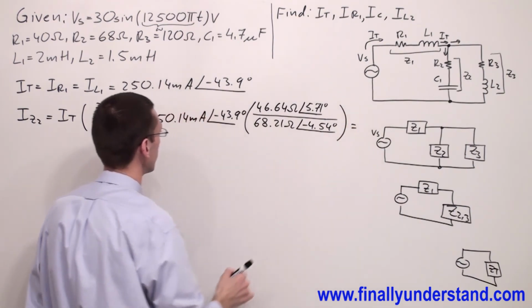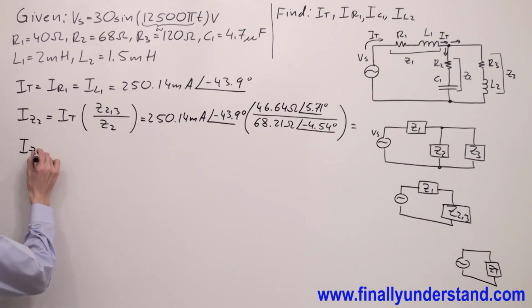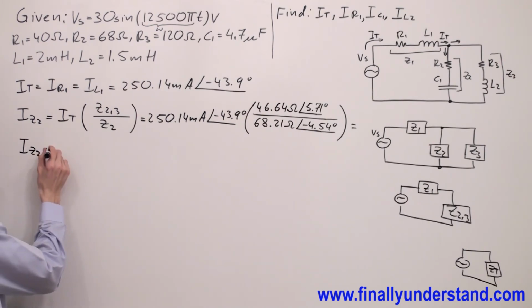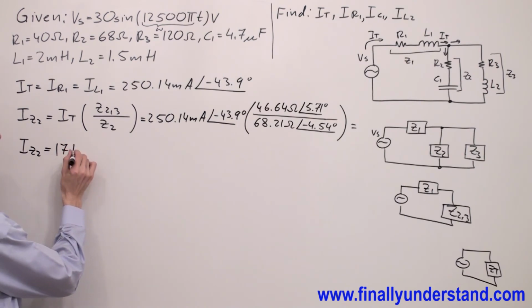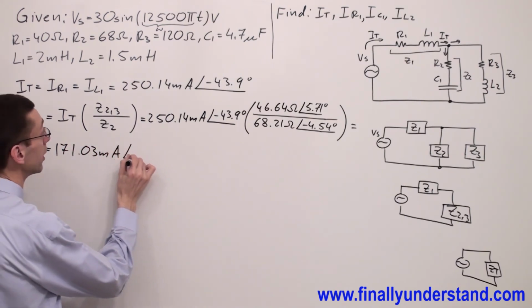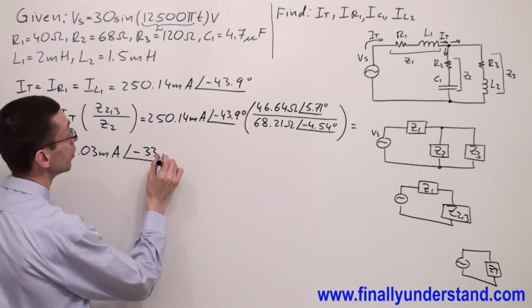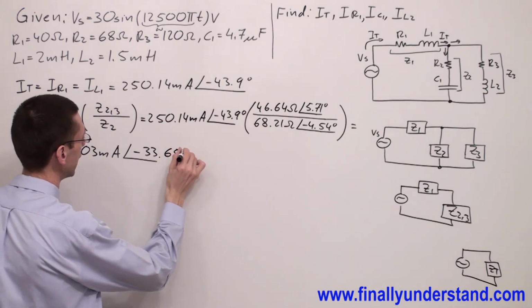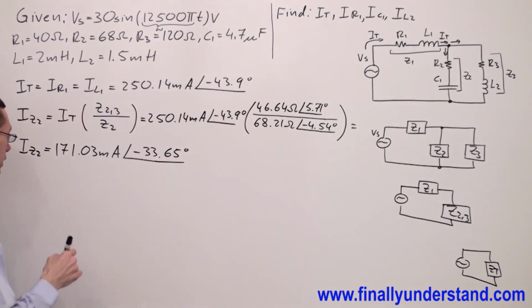This is equal to, IZ2 is equal to 171.03 milliamps and angle of negative 33.65 degrees.